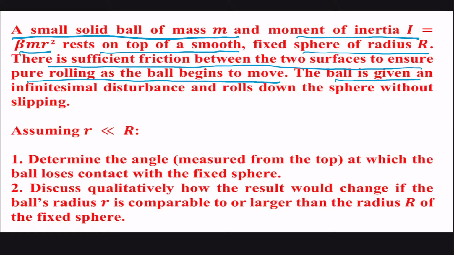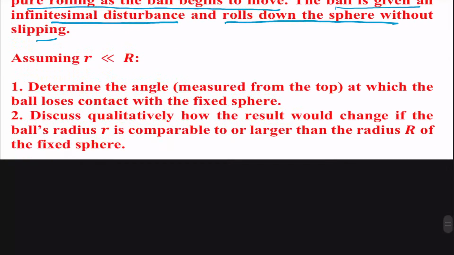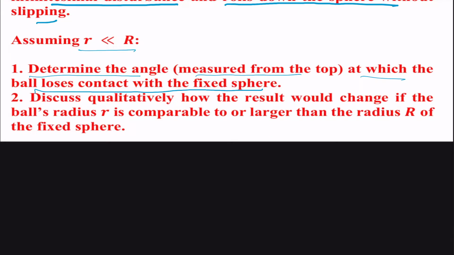The ball is given an infinitesimal disturbance and rolls down the sphere without slipping. And assuming that r is very much smaller than capital R, determine the angle measured from the top at which the ball loses the contact with the fixed sphere. And second, discuss quantitatively how the result would change if the ball's radius is comparable to or larger than the radius R of the fixed sphere.